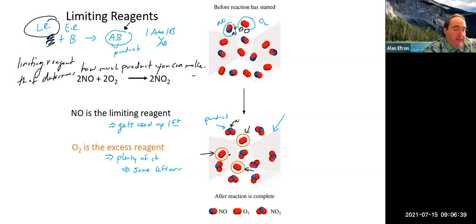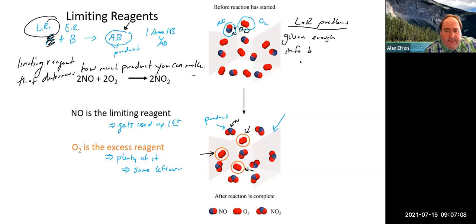We were either given how much of our reactant we started with or how much of our product we ended up with, but really only one piece of information. The way you can recognize a limiting reagent problem is you're given enough information to get to moles of both reactants.